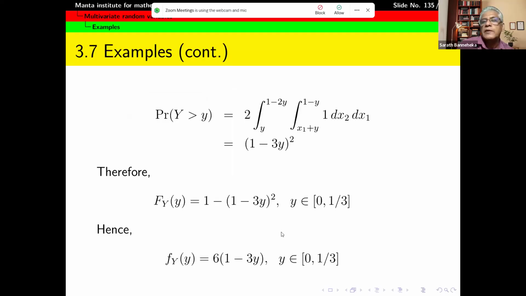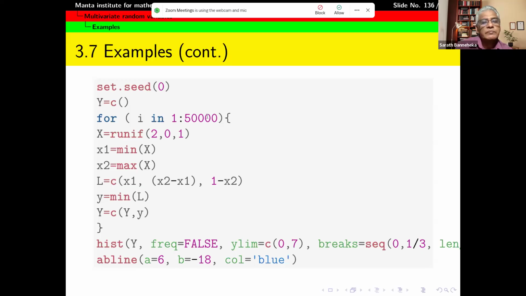Now let us generate some data and see whether you get the same function as the density function. So here I'm generating data, 50,000 observations, 50,000 simulations actually. I take X to be two random numbers, say, the two break points between 0 and 1.